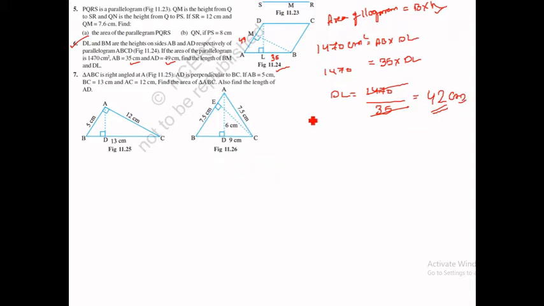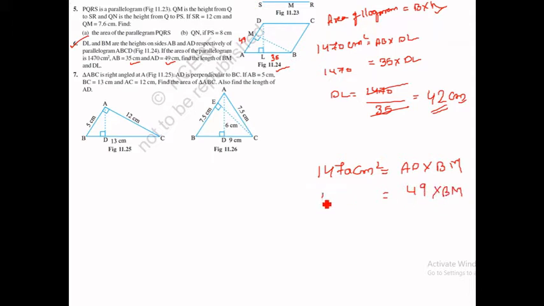And similarly, second case, area of parallelogram, that is 1470 centimeter square, equals AD, that is the base, into height, this perpendicular height BM. Now we have AD as 49 into BM.